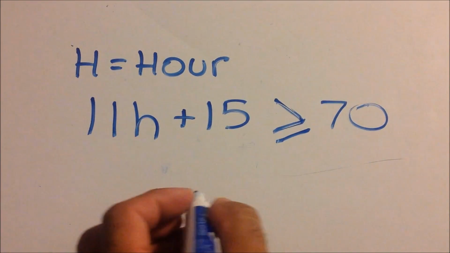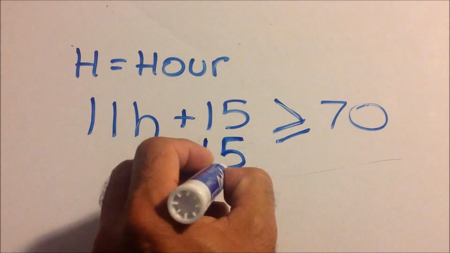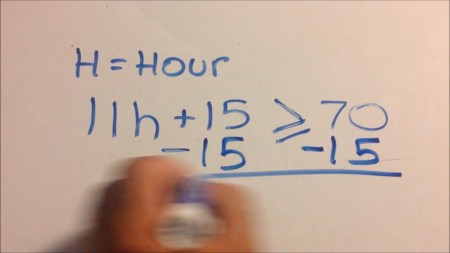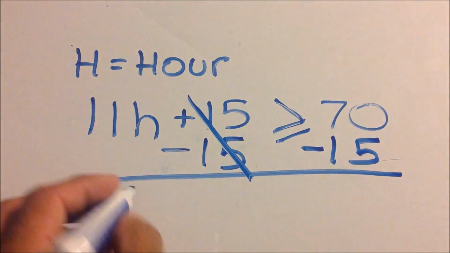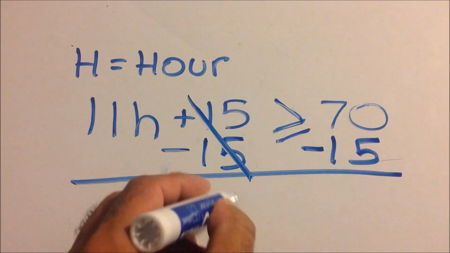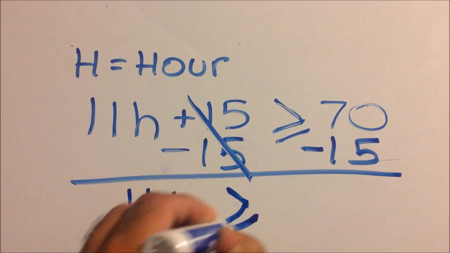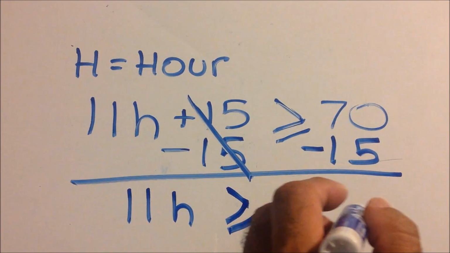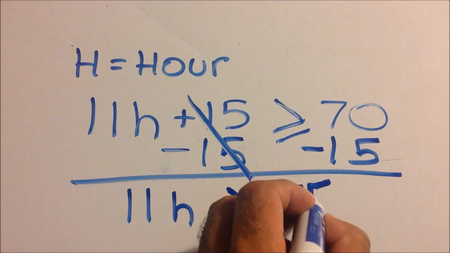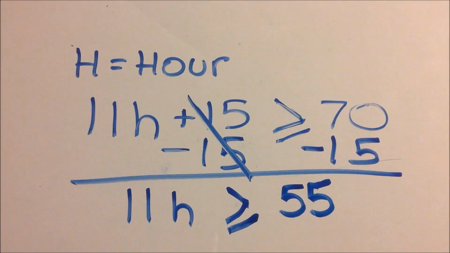So again, we just do like linear equations. We'll do the reverse of GEMDIS. Whatever we do to one side, we do to the other. Cross that out. Bring down the 11H. And we'll have 11H is equal to 55. Right? 70 minus 15 is 55.